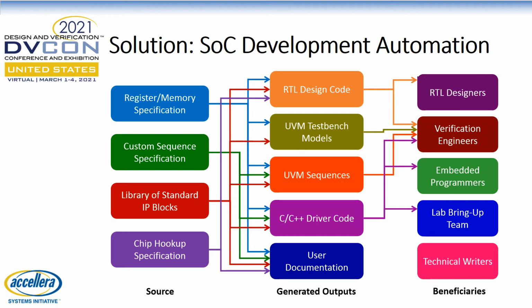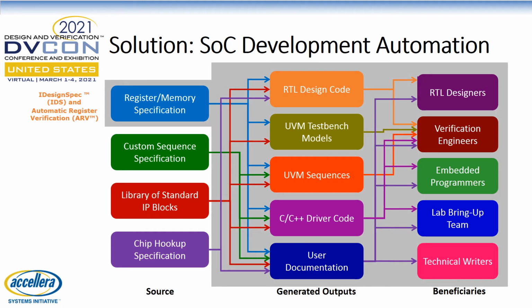Once the chip is fabricated and back from the foundry, you can actually run the code on the physical chip as part of the bring-up process. And finally, the documentation, of course, is transformed into customer documentation by the technical writing team, but it's also used during the project by all the project team members to make sure there's a consistent view of the design.